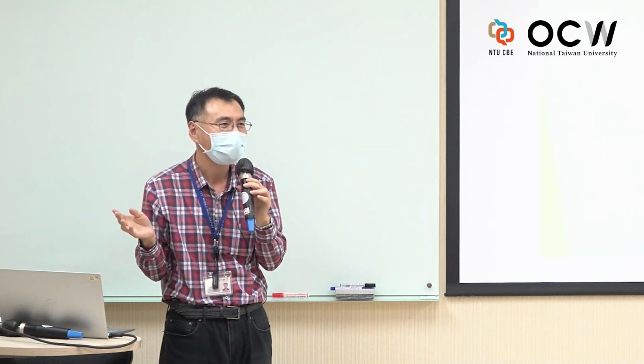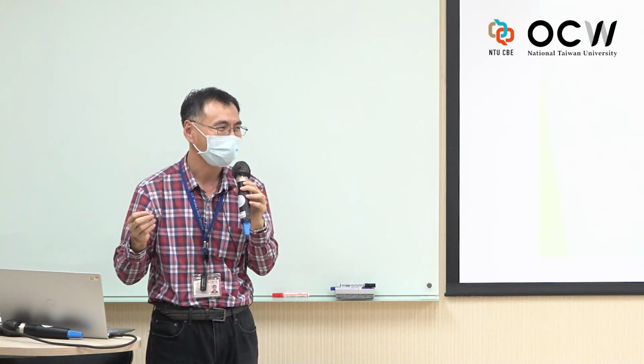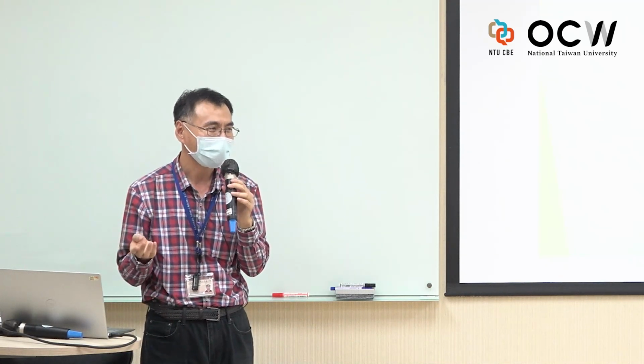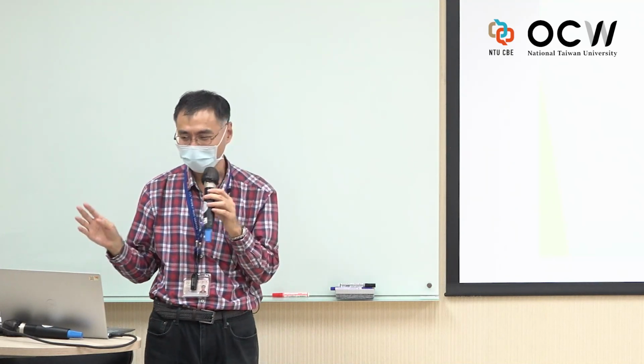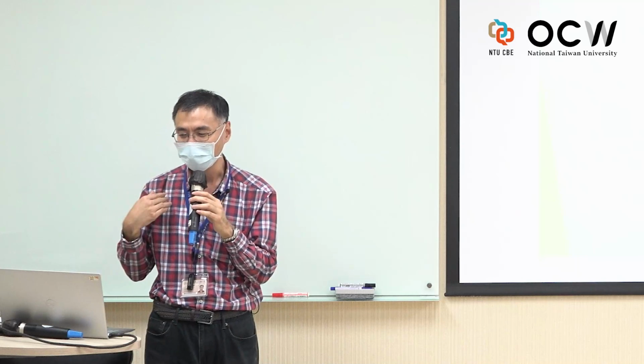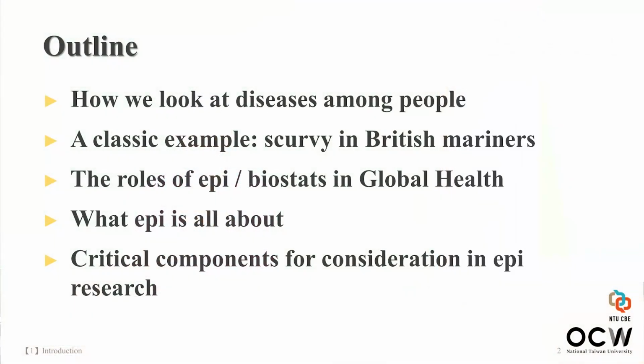If you are an animal, some animal might care, like an elephant or a monkey, they do feel sympathy. They feel sad when other monkey or elephant got sick. But generally speaking, the animal is not as a human being that we do care the diseases of the other people. Okay, and then I'm going to introduce a classic example, which is so-called scurvy.